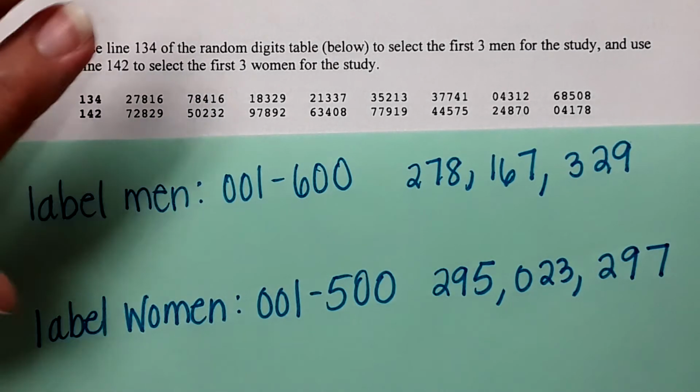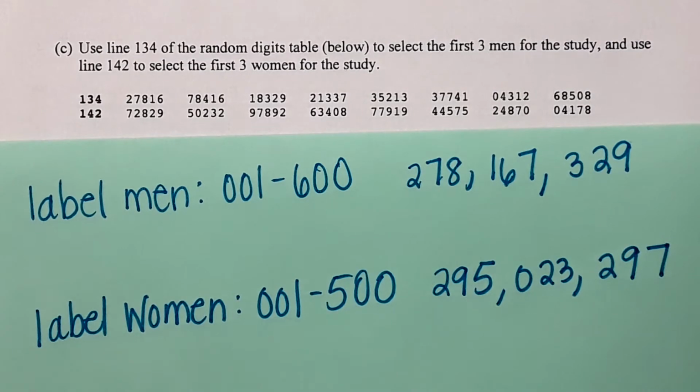So again, if they ask you to do this, you need to tell them how you're going to label your subjects or your individuals, and then you are going to pick the first 3 men and the first 3 women.